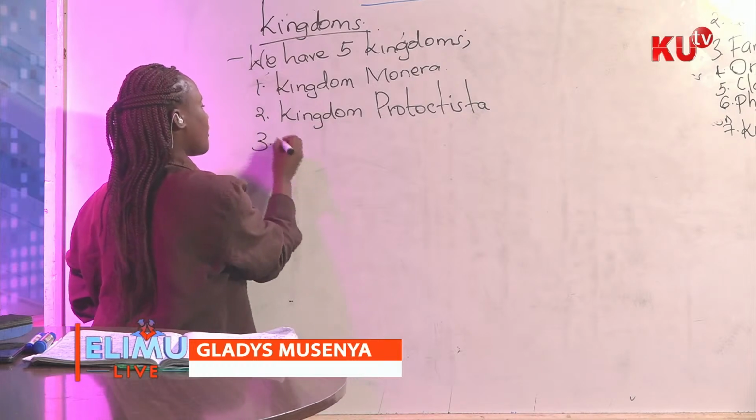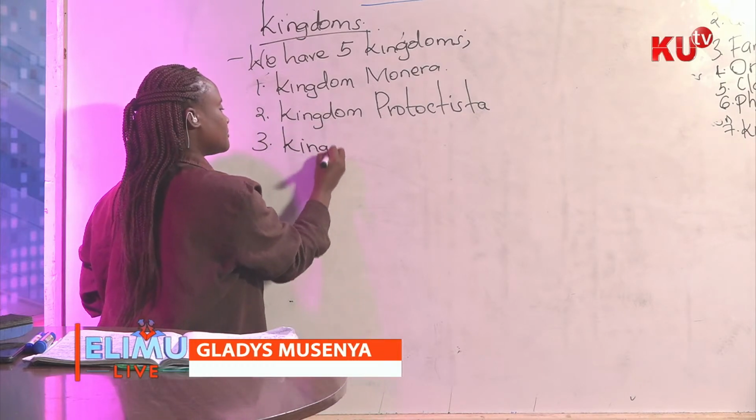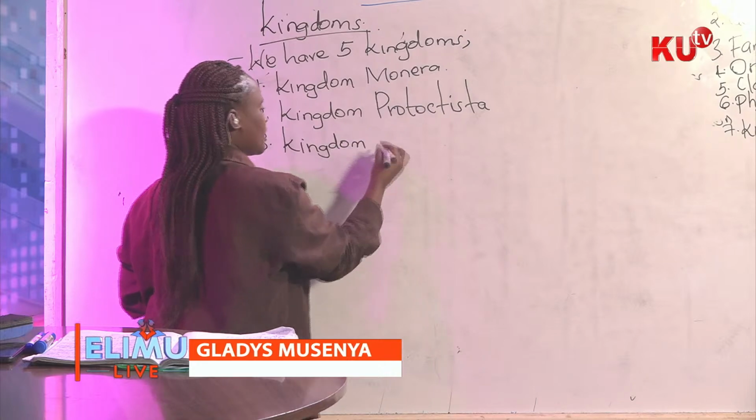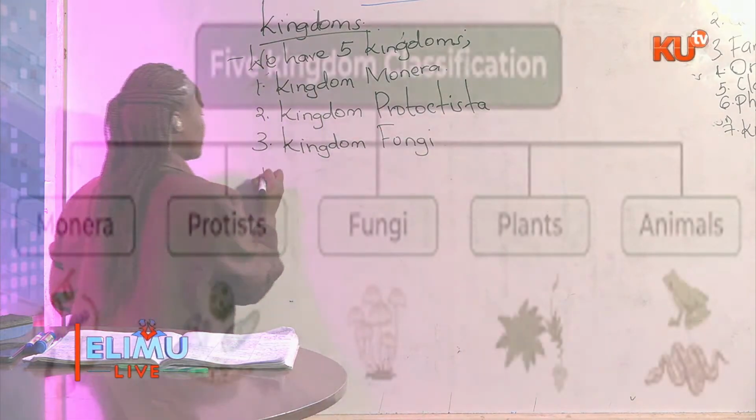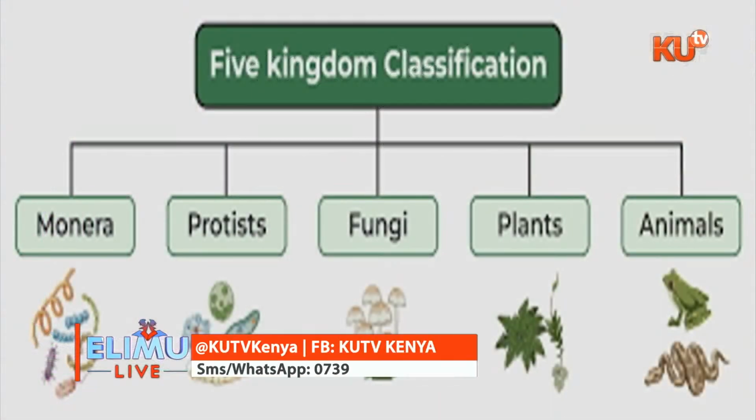And then our third one is Kingdom Fungi. Our fourth one, we have Kingdom Animalia. And then our fifth one, we have Kingdom Plantae.